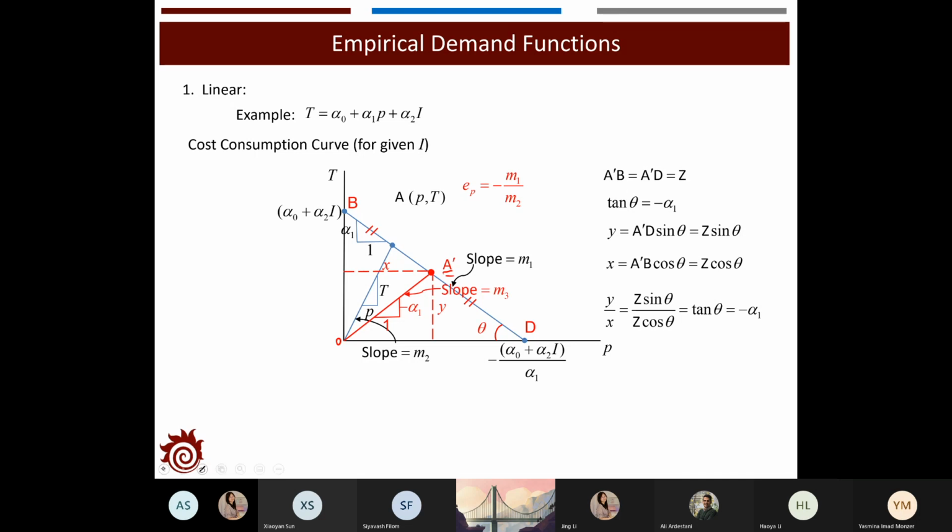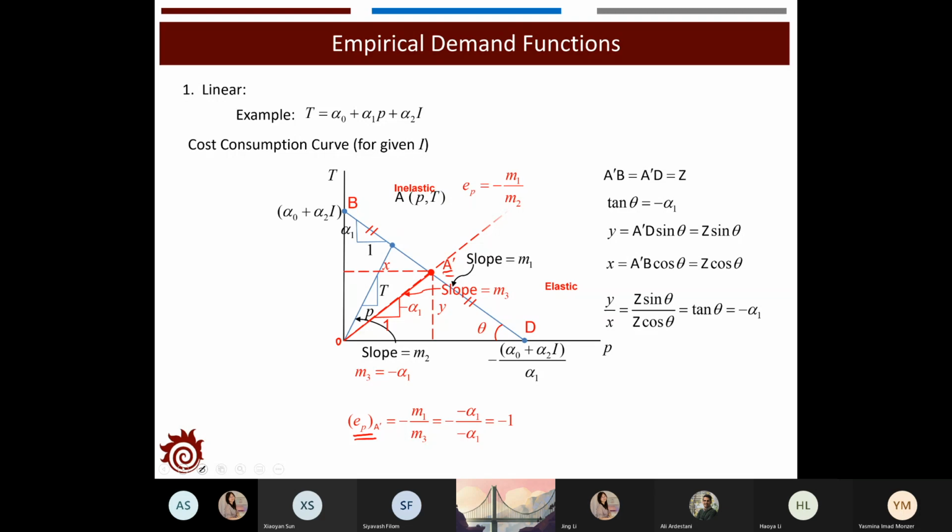So what you can get is the elasticity at the point A prime, it's 1. I'm sorry, here should be minus 1. So you will find that at the point A prime, the elasticity is minus 1.